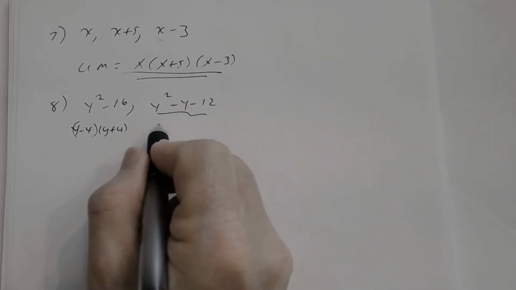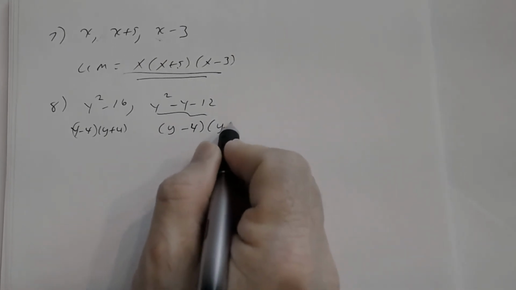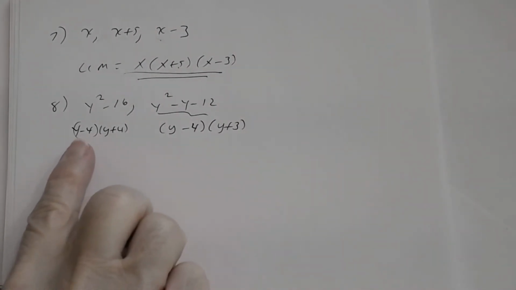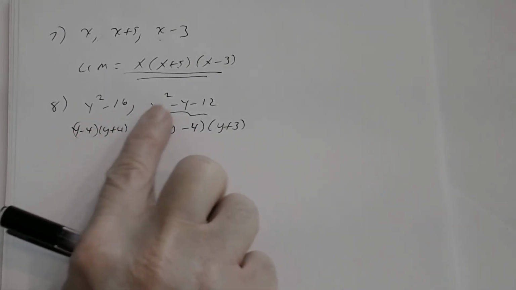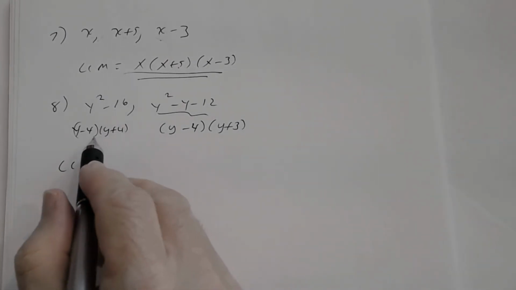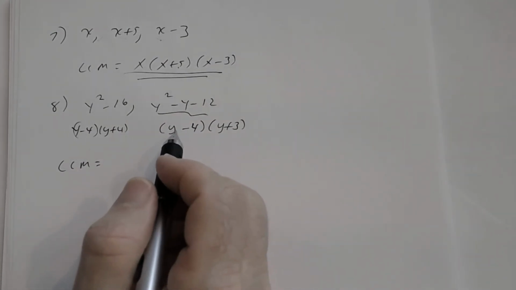When I factor this, that's going to be y minus 4 times y plus 3, okay? So first thing you got to do is make sure that when you have polynomials, they're factored. Now let's talk about the least common multiple. The least common multiple is a product of factors. All right, you got to look at each factor and see how many you need.